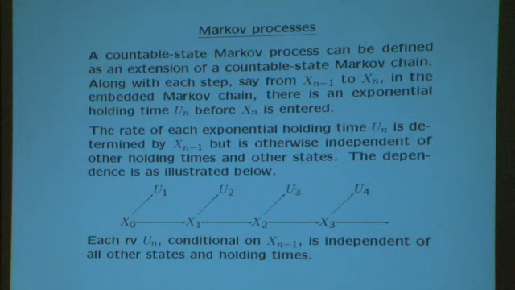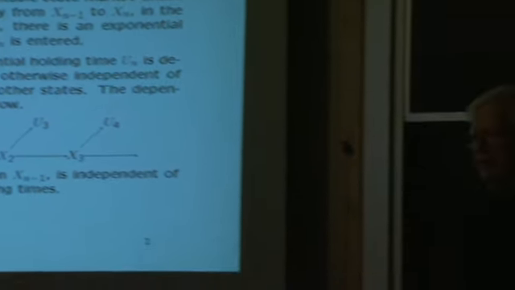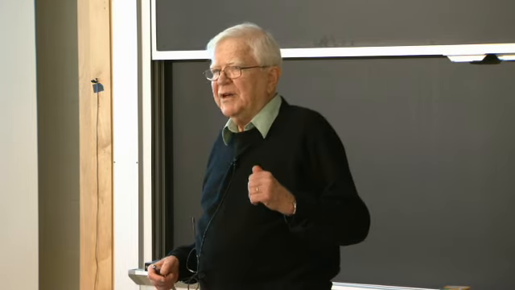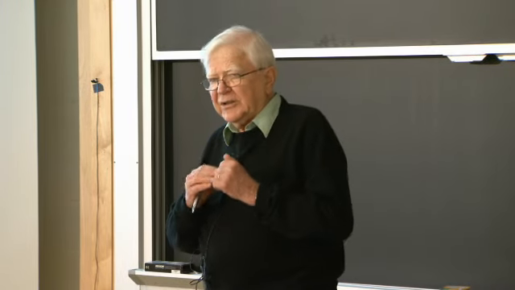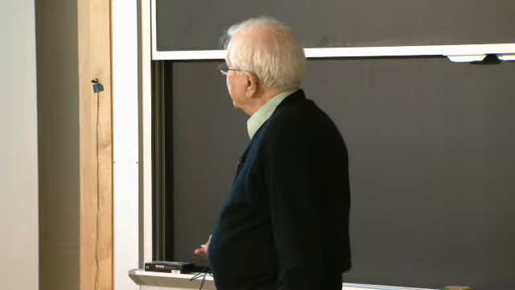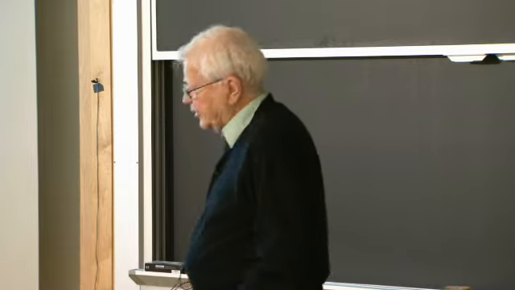When we talked about Markov chains before, we just had a string of states, and each state, x sub n, is dependent only on the prior state, x sub n minus 1, and given the prior state, x sub n minus 1, is statistically independent of all states before that. Here we have this more general situation of a tree.